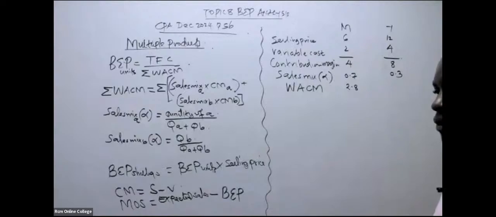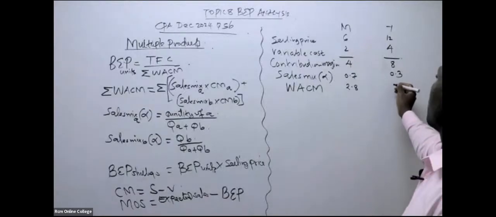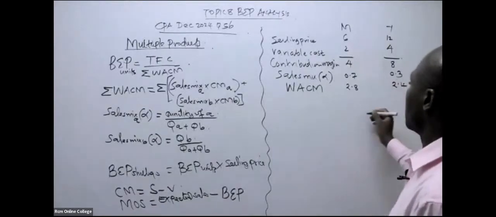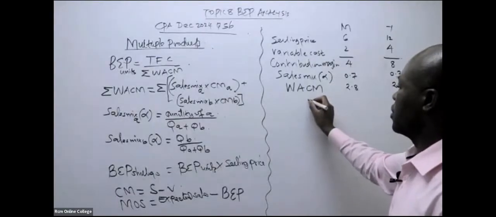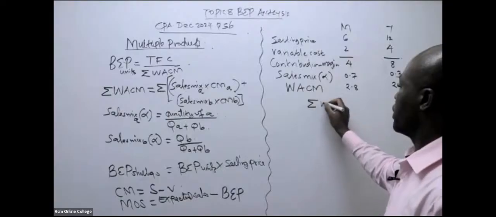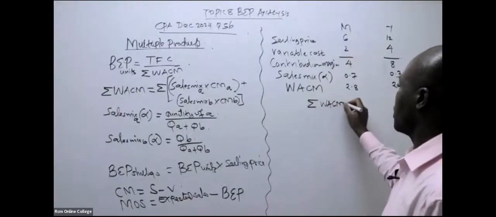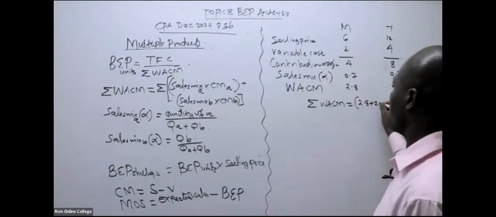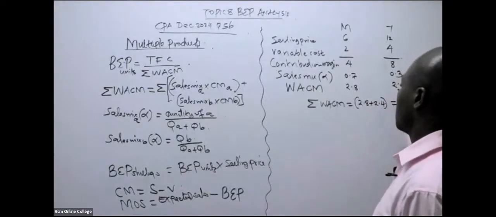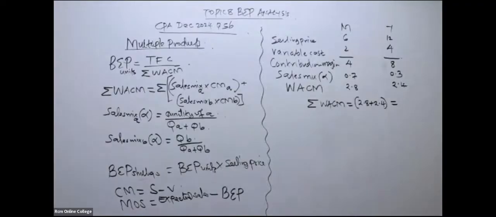Product Y? 2.4. Good. Can we now bring in the summation element? So summation of weighted average contribution margin will be equal to 2.8 plus 2.4. That is 5.2. So what are we lacking in our formula?